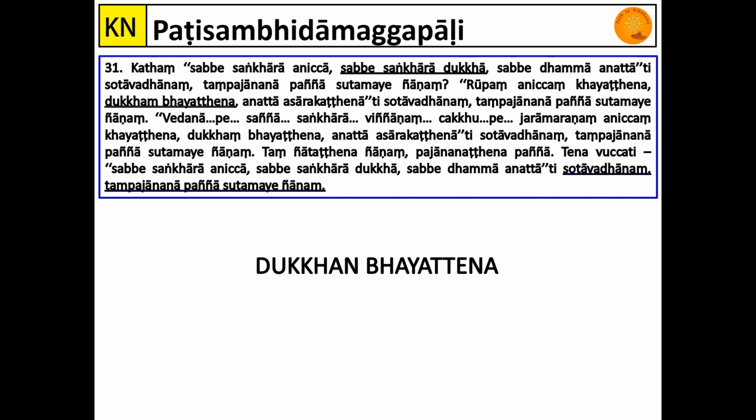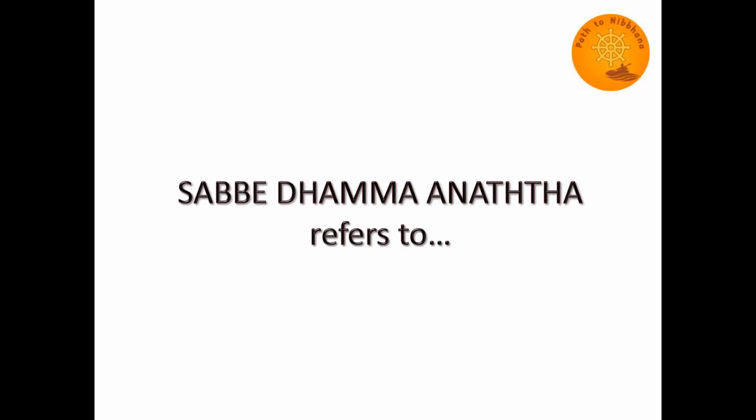Dukkham Bhayattena. Why should we look at this that way? Because this is the same thing, the asada they are talking about. So why do we need to be scared of asada? Because it's giving us pleasure and happiness. Why? Because it's corrupting the mind. That is why.